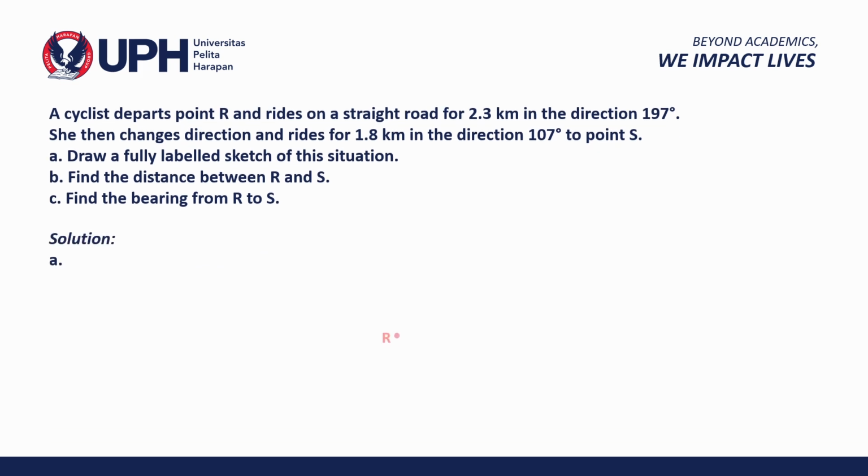First, we draw a fully labeled sketch. From point R, we draw a north line as a reference. The first path, RA, is drawn at a bearing of 197 degrees from north with a length of 2.3 kilometers.